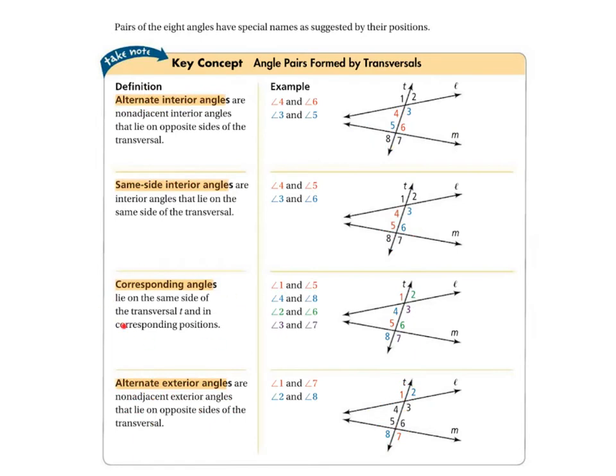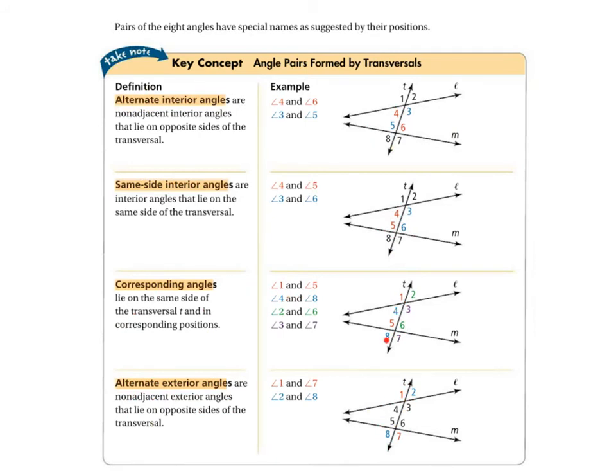The last idea here is corresponding angles. Remember what I said, top left, top right, bottom left, bottom right. Well, if this is in the top left, what's in the top left on this bottom intersection? 1 is on the top left, and so is 5 down here. So 1 and 5 they would call corresponding. Those 2 angles correspond with each other in terms of their position. Bottom left and bottom left, 4 and 8.